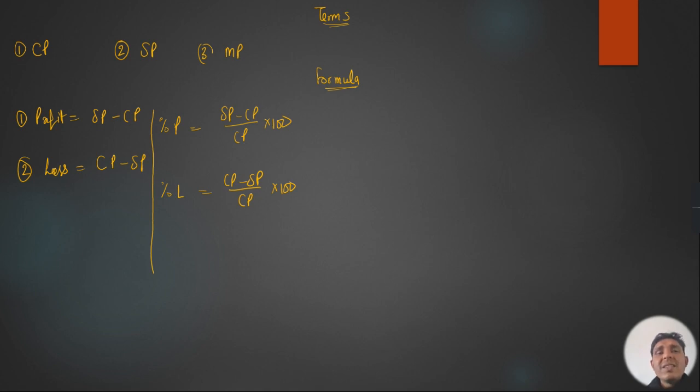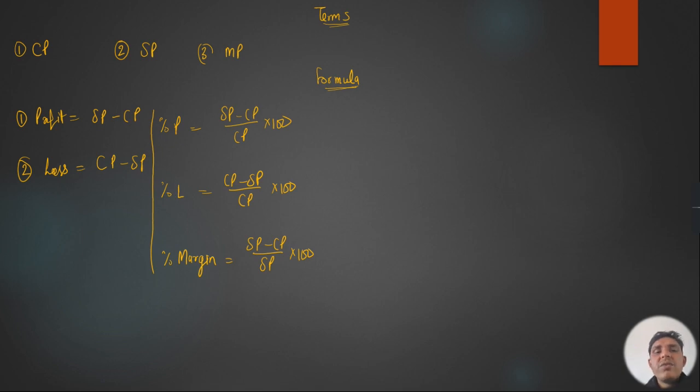Right? Okay, there is a thing that is calculated on selling price. That thing is called percentage margin. It is always calculated on selling price. Margin can be calculated as selling price minus cost price divided by selling price multiplied by 100.